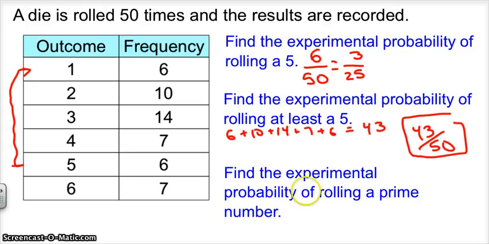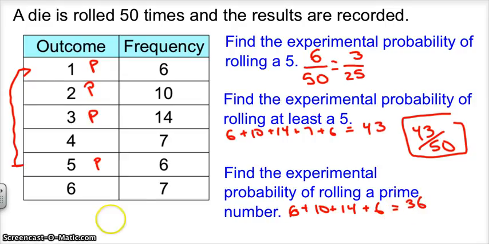And then finally, find the experimental probability of rolling a prime number. Well, what numbers are prime? 1's prime, 3 is prime, 5 is prime, and what's the tricky one here? Actually, 2 is prime as well. So we add those up. We go 6 plus 10 plus 14 plus 6 to get 36.